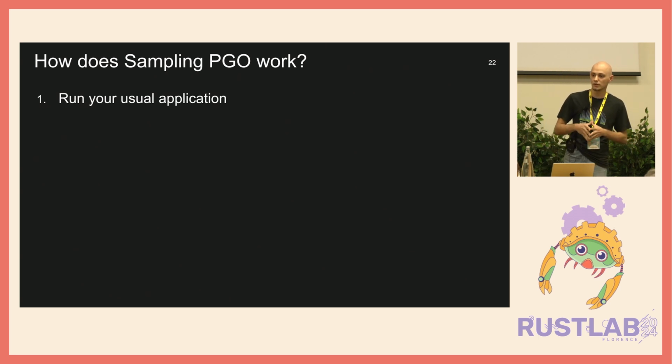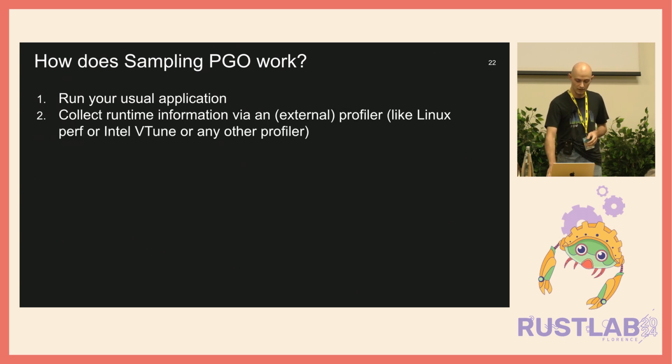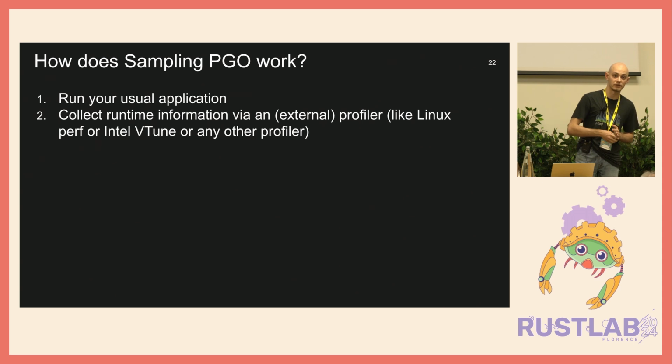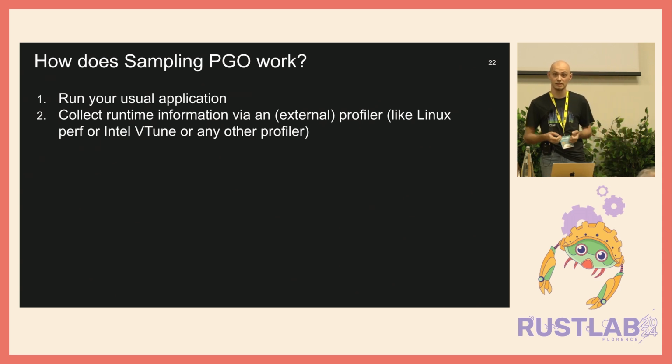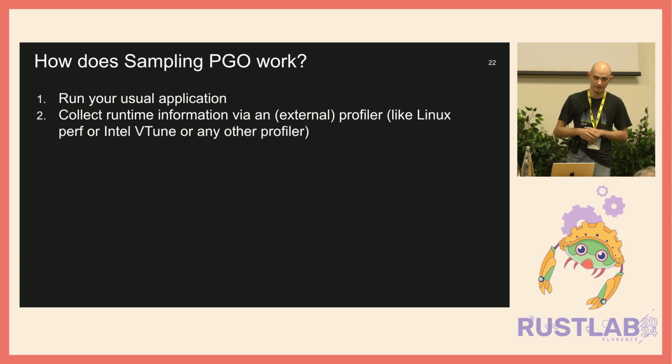You need to run your usual application without any instrumentation. Then, instead of collecting runtime information via instrumentation routines built into your application, you can try to collect this information via an external profiler, like Linux perf or Intel VTune or even dtrace, which we had a talk about yesterday.